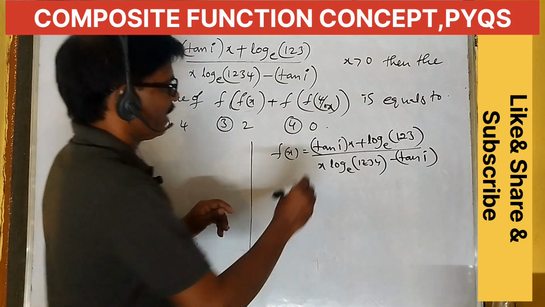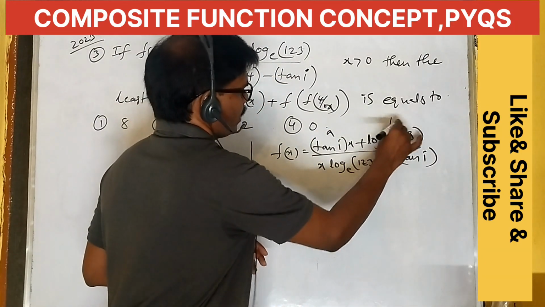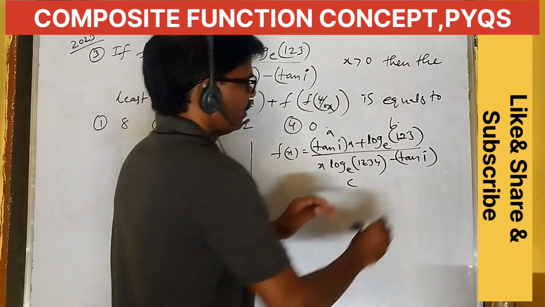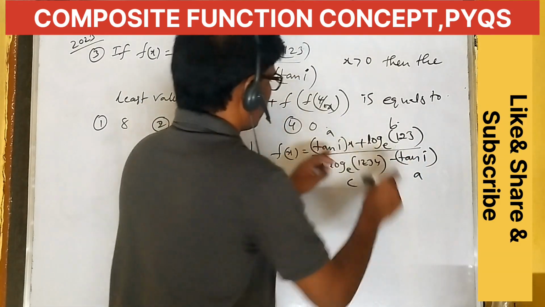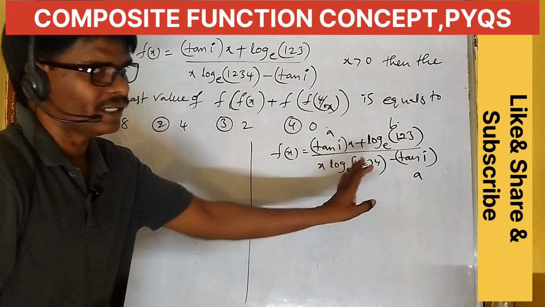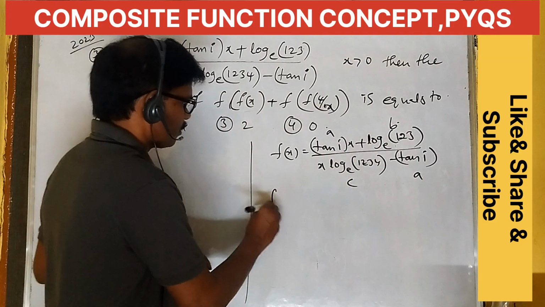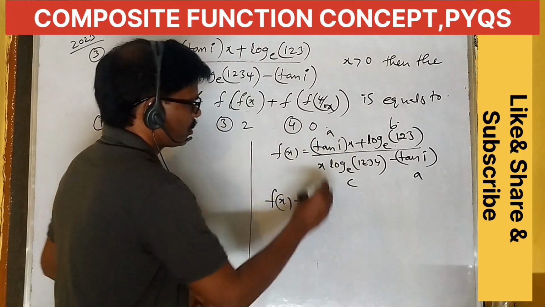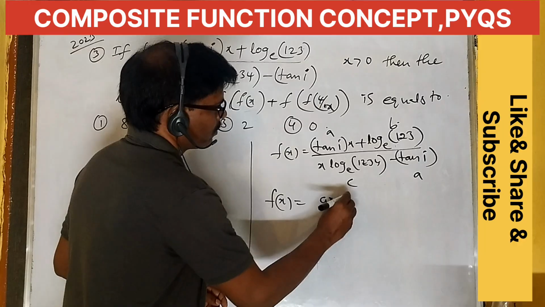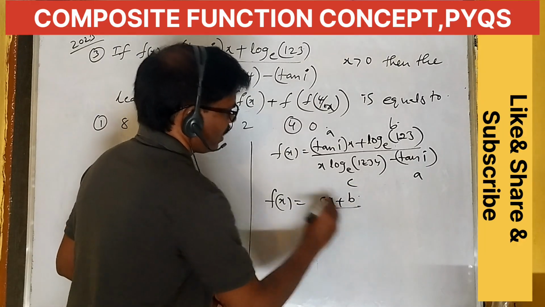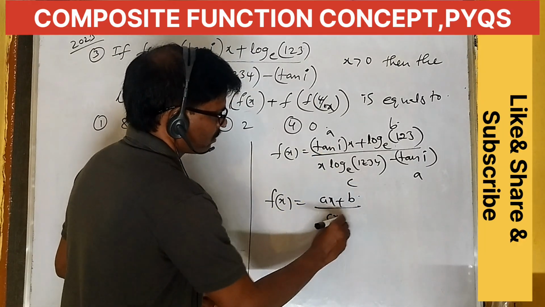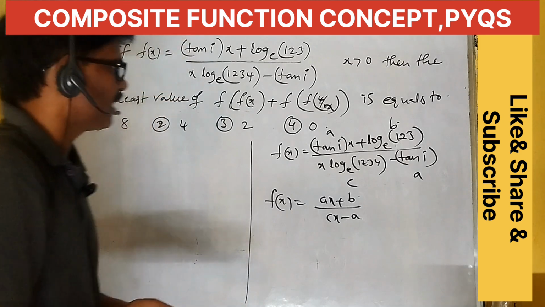Okay, take this as ax, this is b, this is c, this is also a, both are same, log tan 1 degree only. Write this one: f of x is equal to ax plus b by cx minus a. What do you want here?